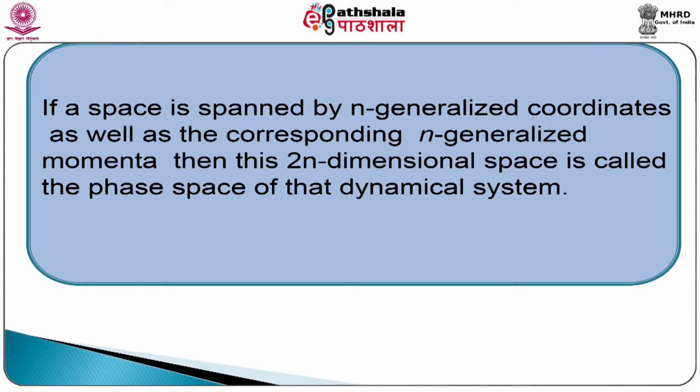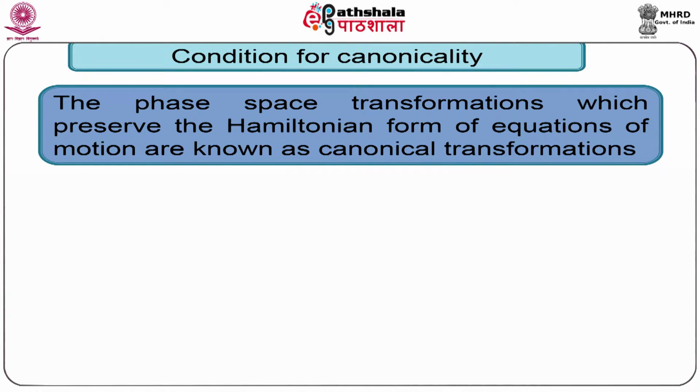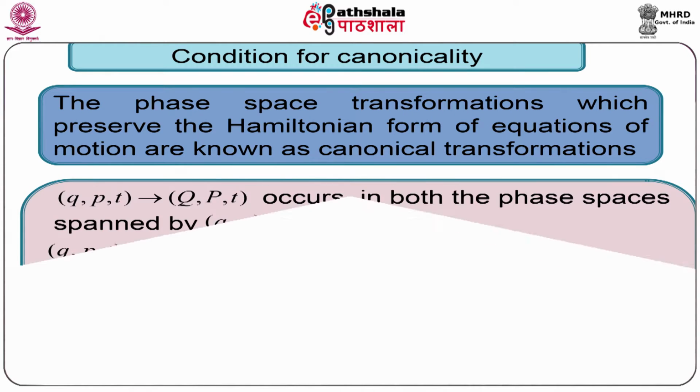According to the physical laws of the system, the phase point moves with time. As the phase point travels through the phase space, a path is traced by it. This path is known as the phase curve. The phase space transformations which preserve the Hamiltonian form of equations of motion are known as canonical transformations.